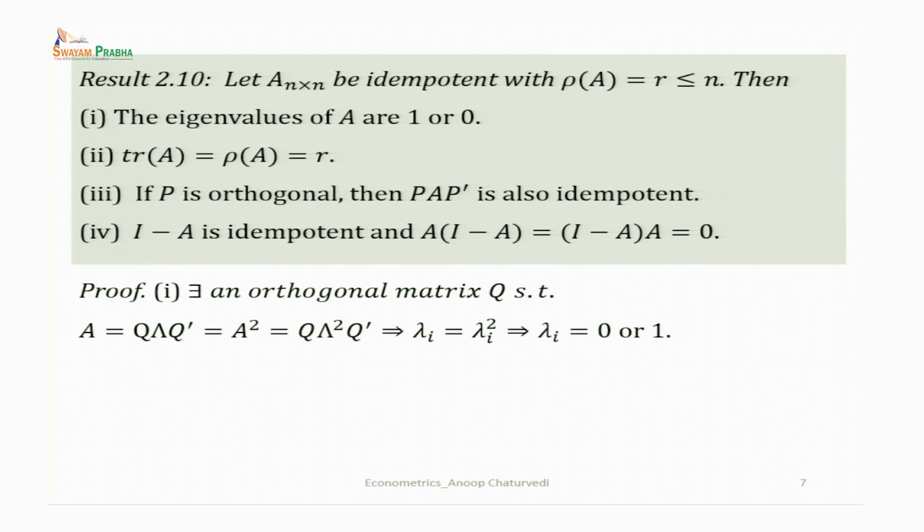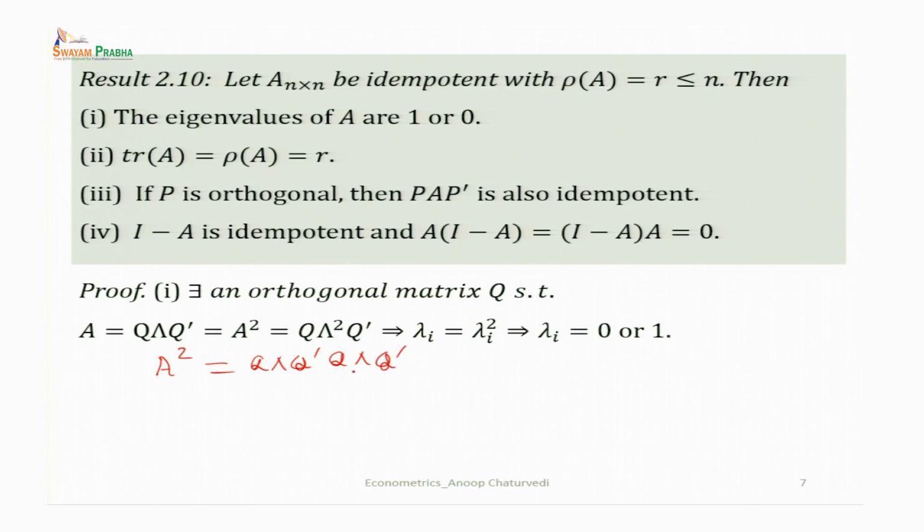To prove the first result, that the eigenvalues of A are either 0 or 1, there exists an orthogonal matrix Q such that A is equal to Q lambda Q transpose. Then A is an idempotent matrix, so A square is equal to A. A square is equal to Q lambda Q transpose Q lambda Q transpose.